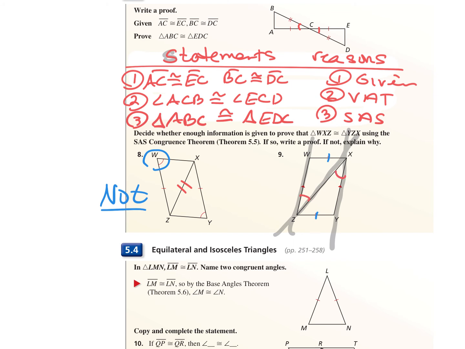And then I could also add in my reflexive side. And again, notice I do not have the included angle here. So this would be not enough information to prove side angle side again. Pretty good so far. All right, let's see what else we got.